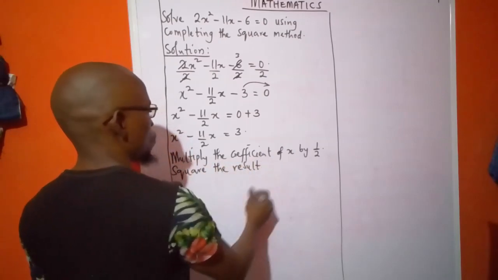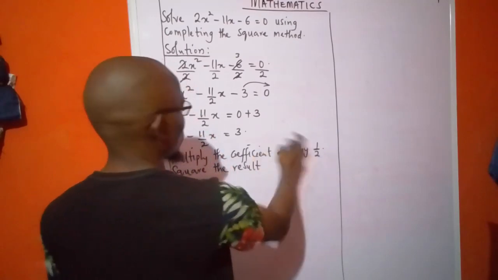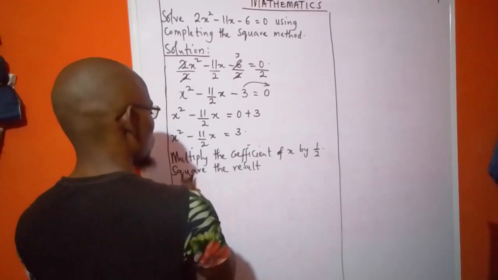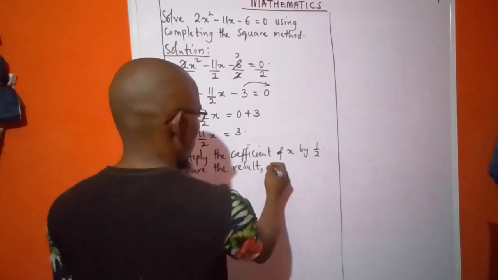When you multiply the coefficient of x by 1 over 2, the result you get, square it.